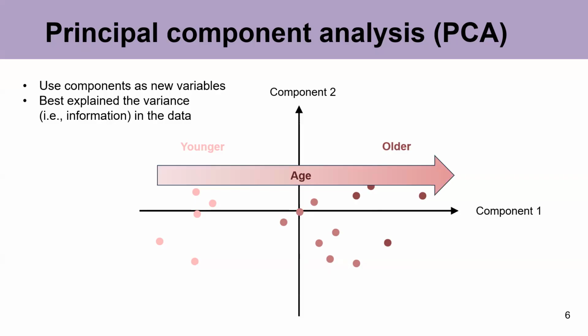That means if I did not collect age, I wouldn't know it. So it depends on what you have in your data. But the nice thing is you don't have to include this when you do PCA, which means age is an independent variable from building the components.